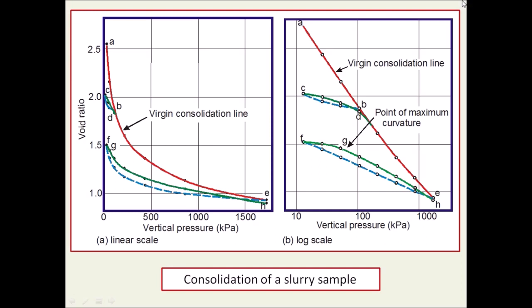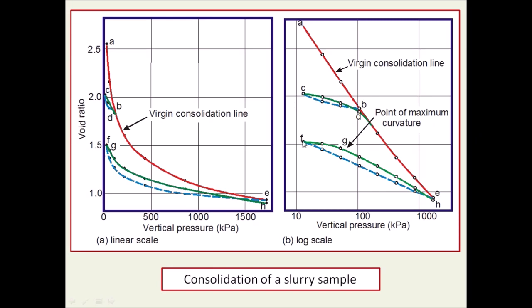Your unloading and reloading lines are assumed in textbooks or in teaching to be parallel, but if you examine them closely, they're not really parallel. But what I want to particularly point out here is if this was a soil in nature, if it got consolidated down to this point E here, a natural consolidation compression process, it was then uplifted and the stress was unloaded back to this point here.